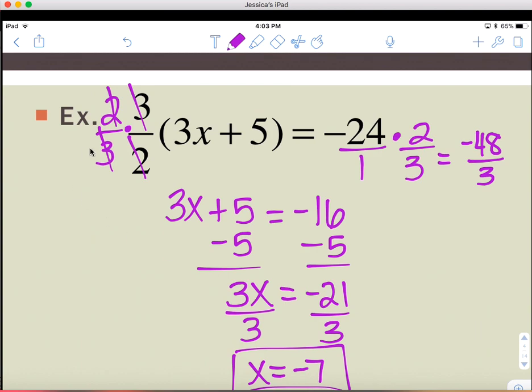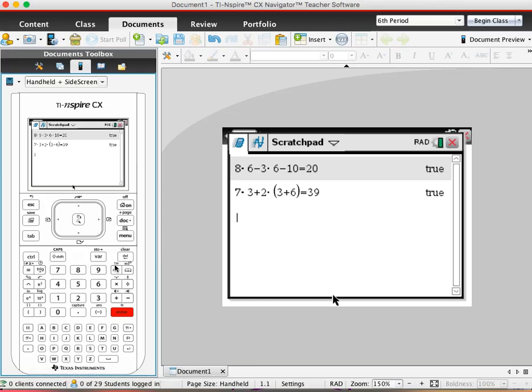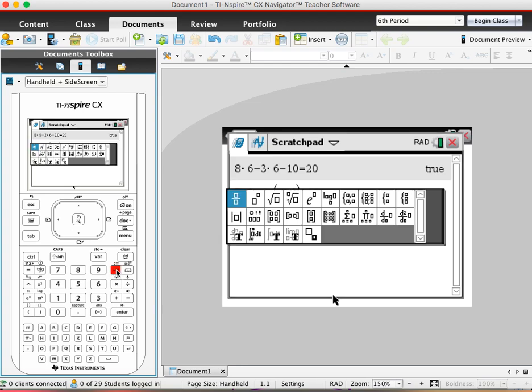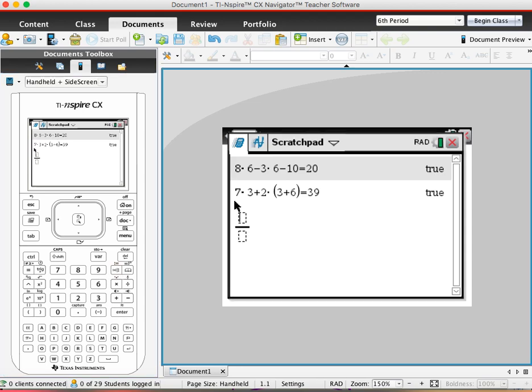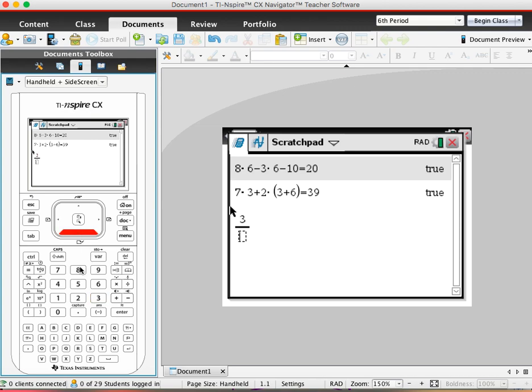I want to show you how to check this in the calculator, especially since we have a fraction in the original. To get your fraction tool, you can use the toolbox right next to the number 9. I would grab the fraction tool and type in 3/2. Then you have to come out of the fraction and type in your parentheses.